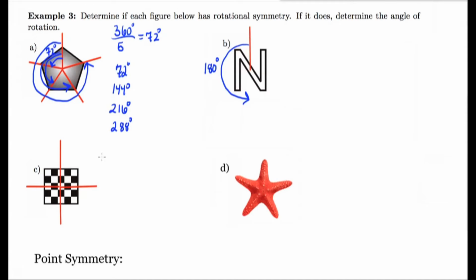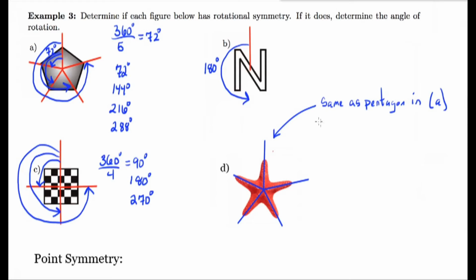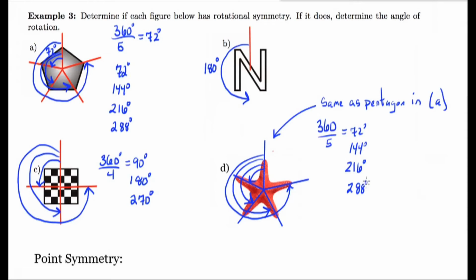And the square I can cut into 4 quadrants. That gives me 90 degrees, so I can rotate it 90, 180, and 270 degrees. And then the starfish is the same as the pentagon. I can take 360 divided by 5, and I can turn it 72 degrees each time, which gives me 72, 144, 216, and 288 again.